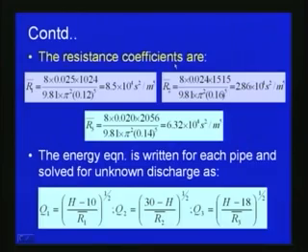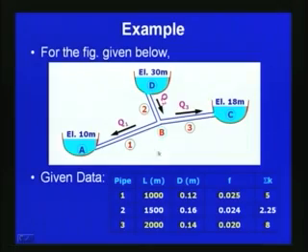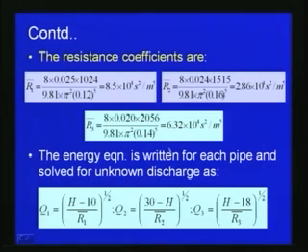Now the resistance coefficient. We have already seen the basic equations earlier. Now we will be finding the resistance coefficient for pipe 1, pipe 2 and pipe 3. As we discussed earlier, we can write the resistance coefficient equation as R1 bar is equal to 8 into f into the length divided by g into pi square into d to the power 5.